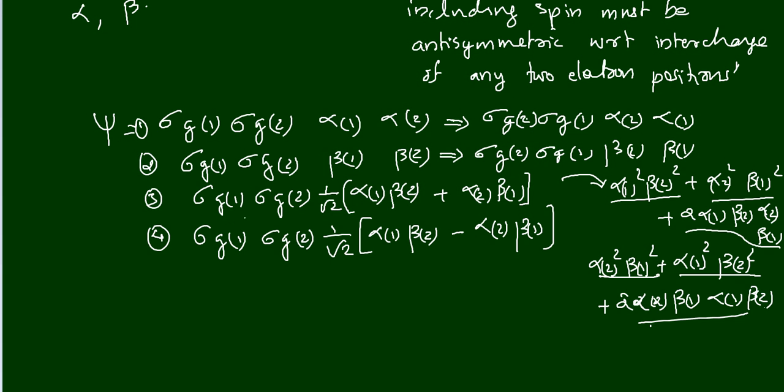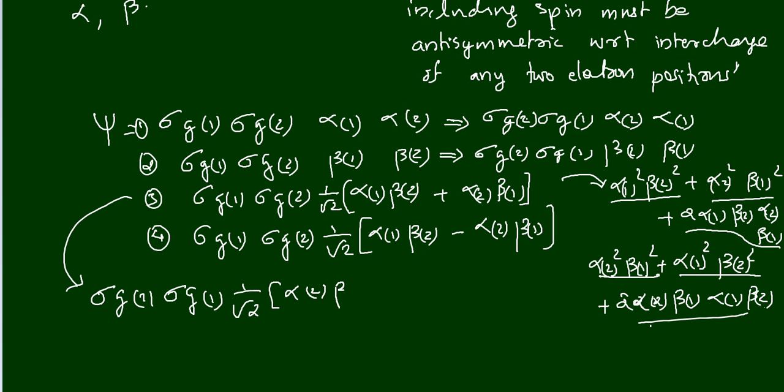Okay, and in the third case, if we are exchanging the positions, then we will get sigma g2 sigma g1, then 1 divided by root 2, alpha 1 beta 2, then after exchange it will be alpha 2 beta 1 plus alpha 1 beta 2.